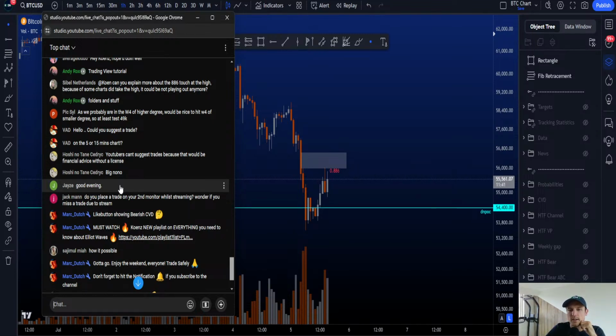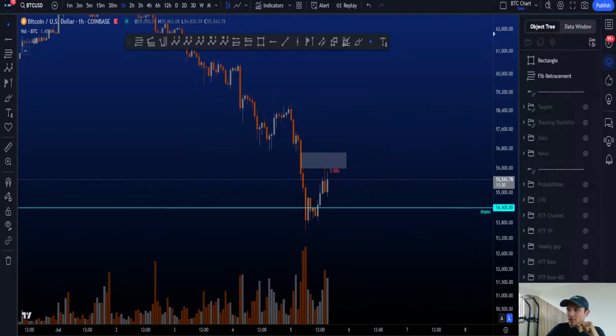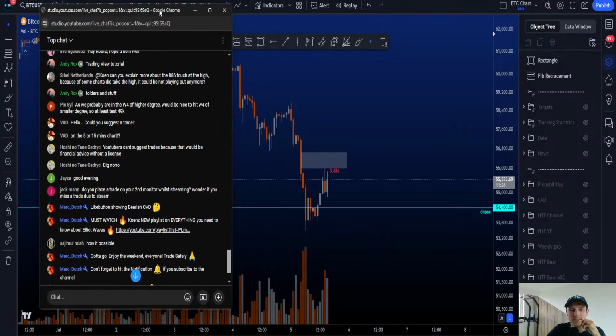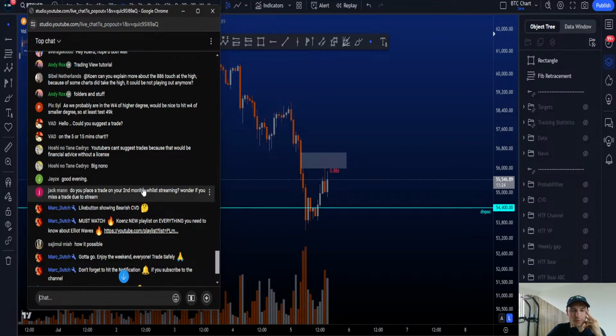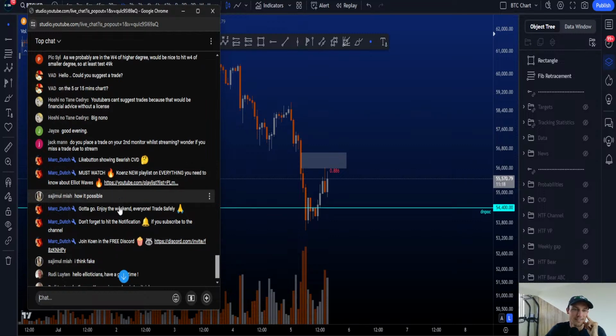So if there is an opportunity during the stream, I will take it. But no one knows because I of course have my chat on the second screen as well at times, and that's also where my trading window is. So of course, if I do this, people may think I'm looking at chat, but I might do something else.